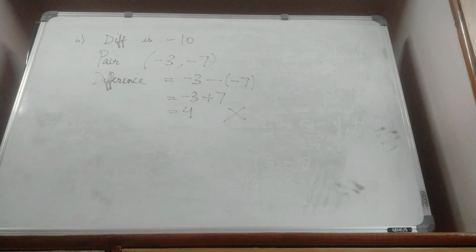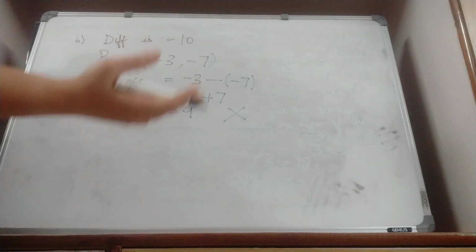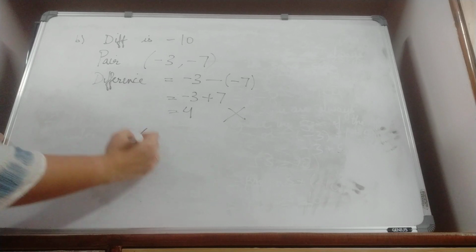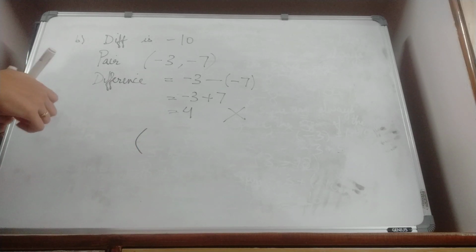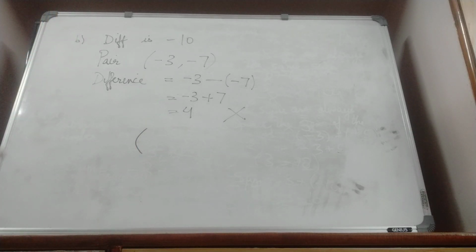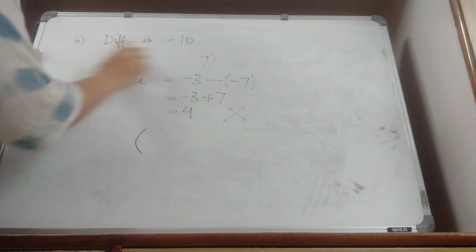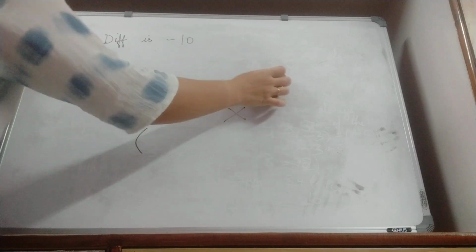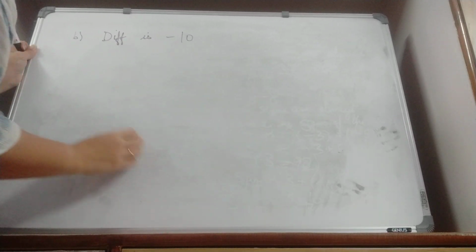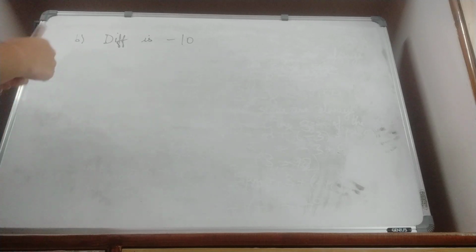Okay. Now, let's see if we can think of another pair which gives us the right answer. Please do not write this. Okay, I'll rub it out for you. This was not correct. I was just showing you why it was not correct. We need the difference.